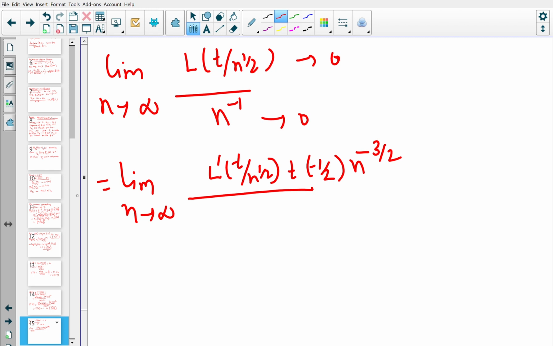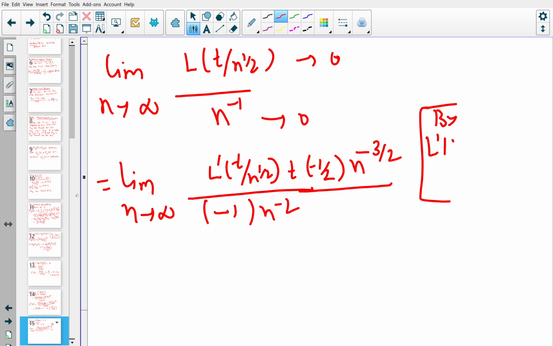And the denominator is minus 1 times n power minus 2. This is by L'Hospital's rule. Clear?